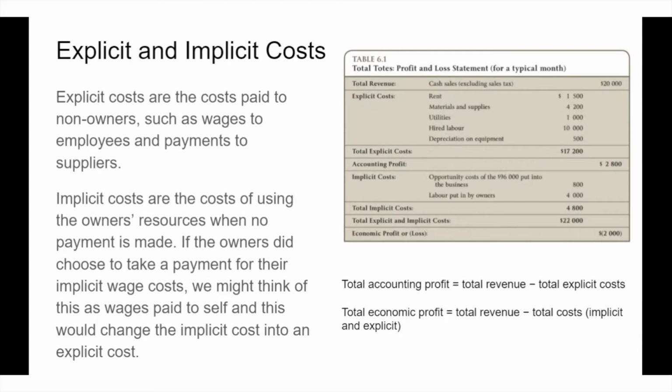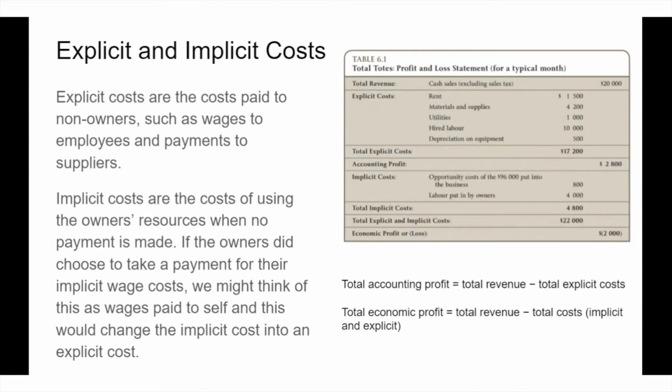Explicit costs are the tangible costs that can be measured by the accounting process. So rent, material supplies, utilities, hired labor, and depreciation on equipment can all be measured by the accounting process. And as a result, we can churn out a profit figure for that business.